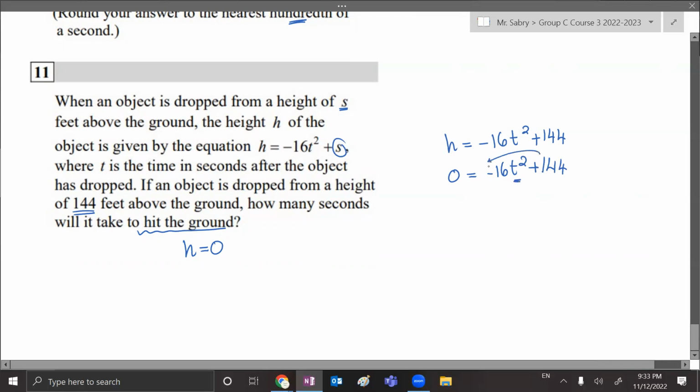I'll move the 144 to the other side, so negative 144 is now equal to negative 16t squared. I'll move the negative 16 to the other side, so t squared is equal to 144 divided by 16, because the negatives will cancel each other. And then take the square root of that answer to get your final answer in seconds.